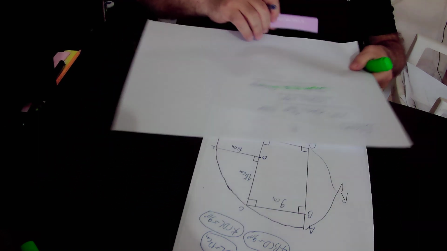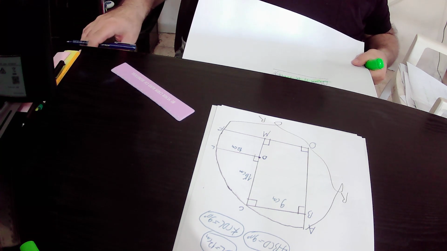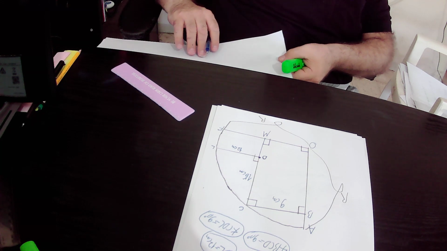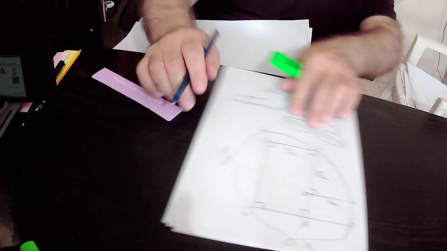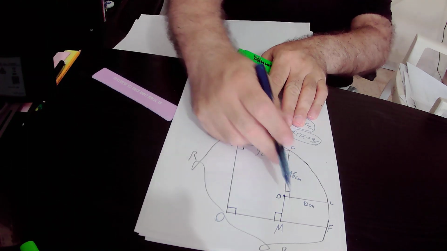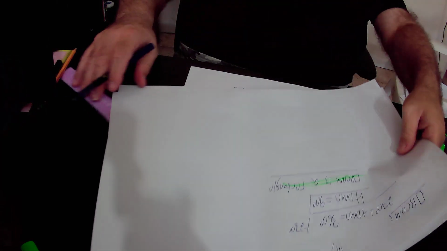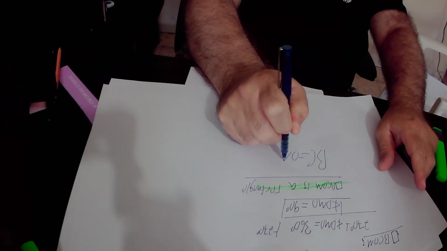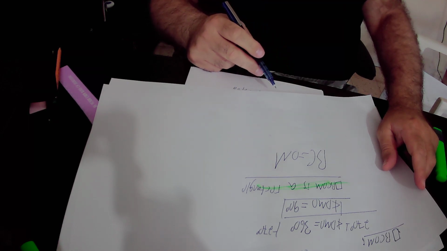So the opposite sides of rectangle BCOM must be equal to each other. That is to say, side BC must be equal to side OM, according to the rule that the opposite sides of a rectangle are equal to each other.